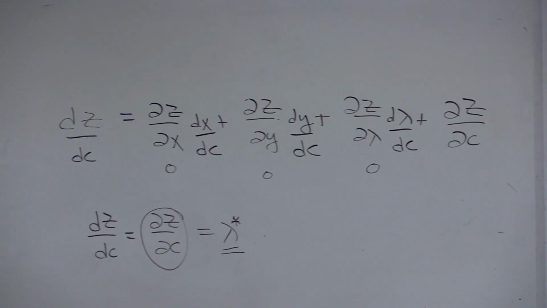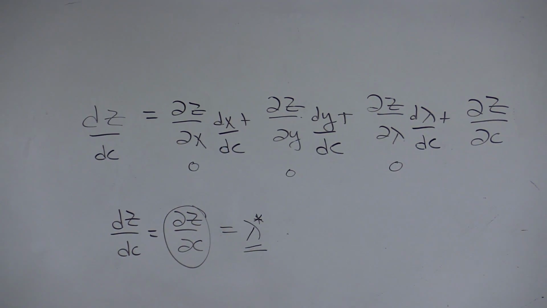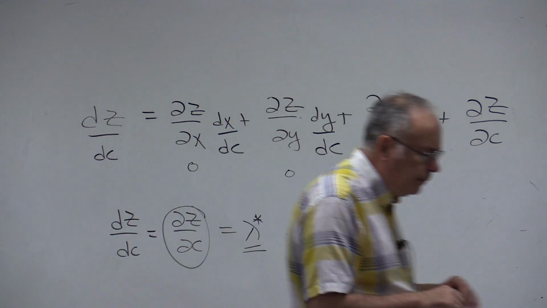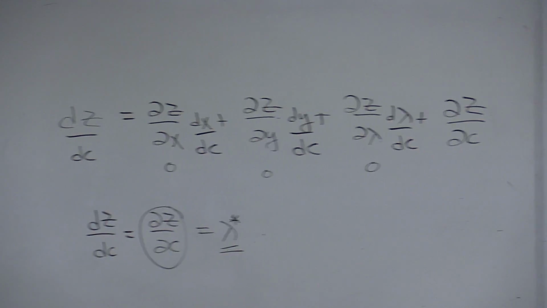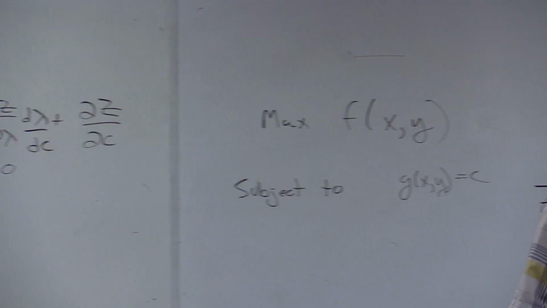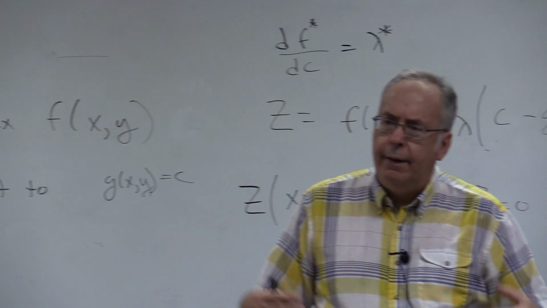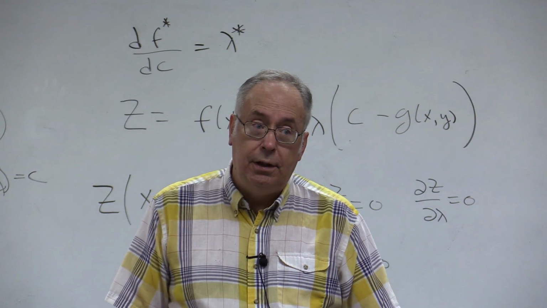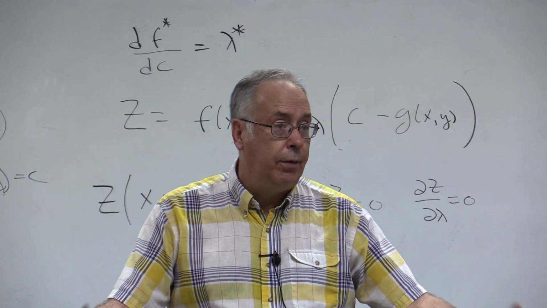So this will make it a lot easier to get these derivatives. And you can use this envelope theorem whenever you're maximizing or minimizing the value of the objective function. You can utilize the envelope theorem.